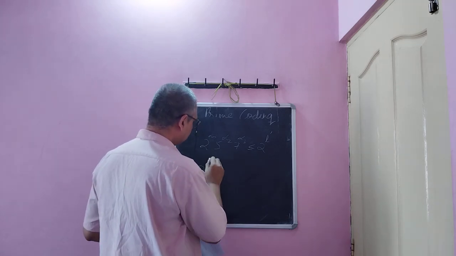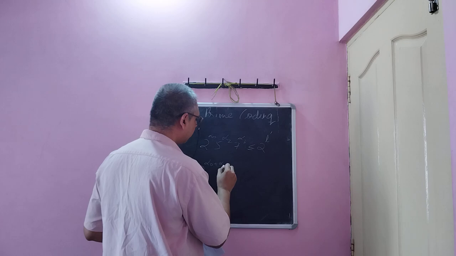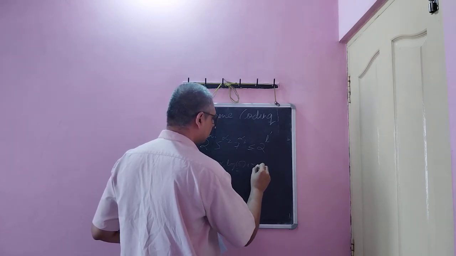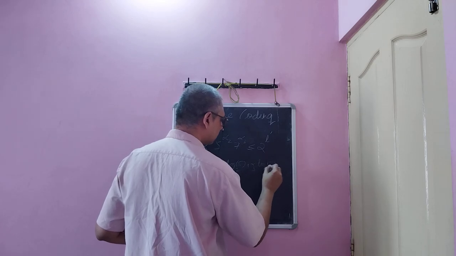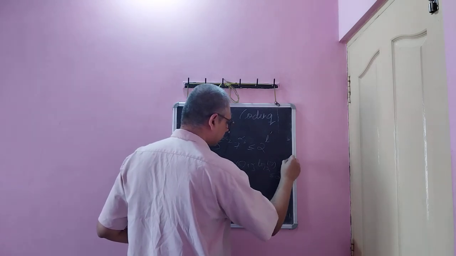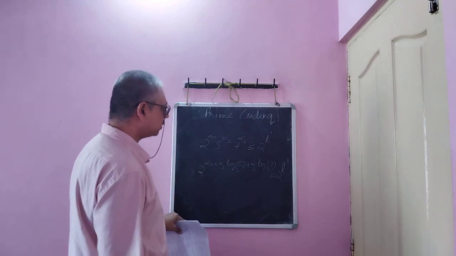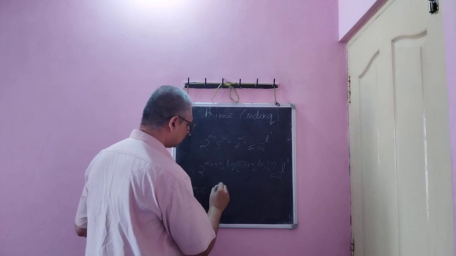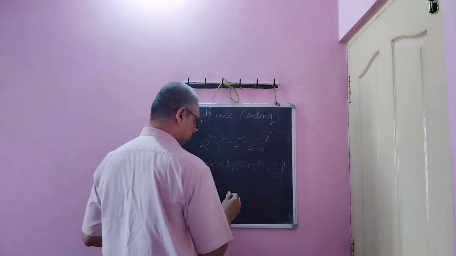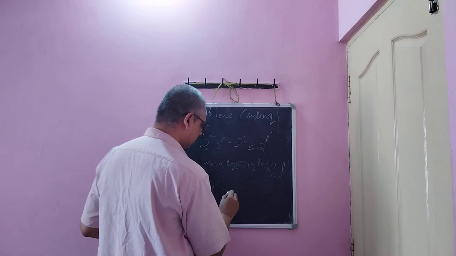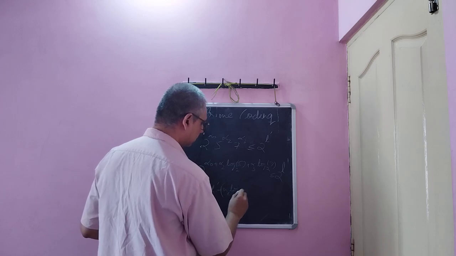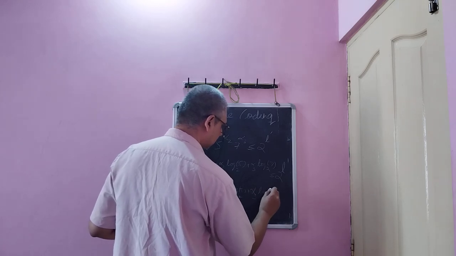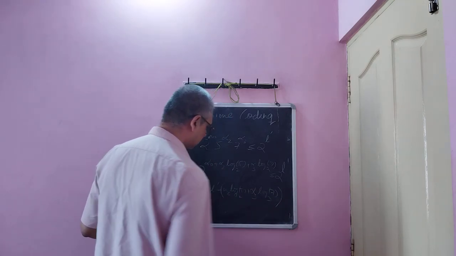So you will have 2 power alpha naught plus alpha 2 log 5 to the base 2 plus alpha 3 log 7 to the base 2 less than or equal to 2 power L dash. So we will have alpha naught less than or equal to L dash minus alpha 2 times log 5 to the base 2 plus alpha 3 times log 7 to the base 2.